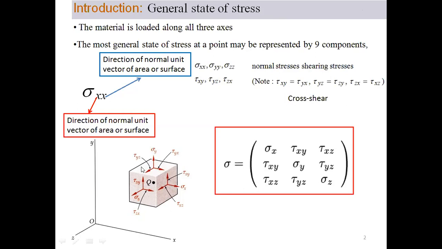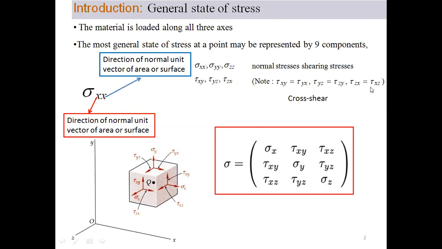If this is counterclockwise, then the cross shear, which is tau yx, would be in the opposite direction, and the magnitude would be the same. So we have already discussed that the cross shear would be equal. So tau xy must be equal to tau yx, tau yz must be equal to tau zy, and tau zx must be equal to tau xz.